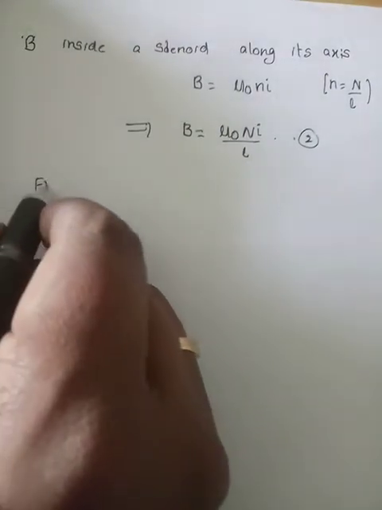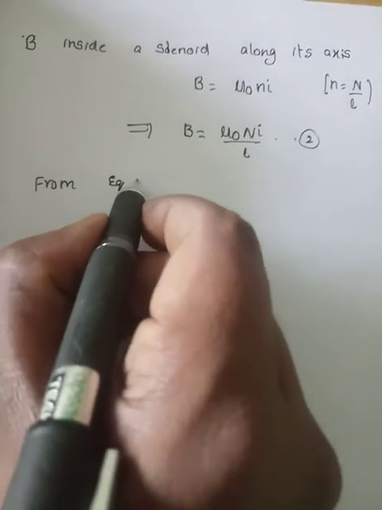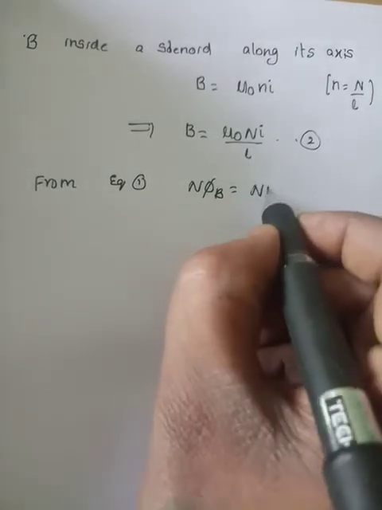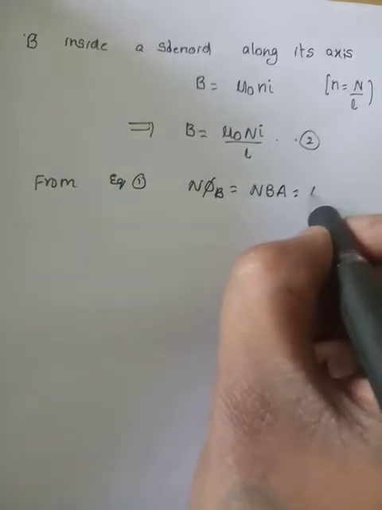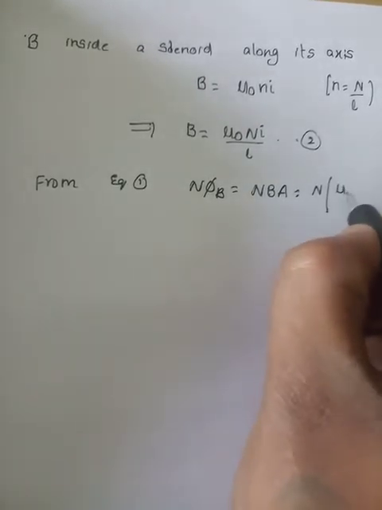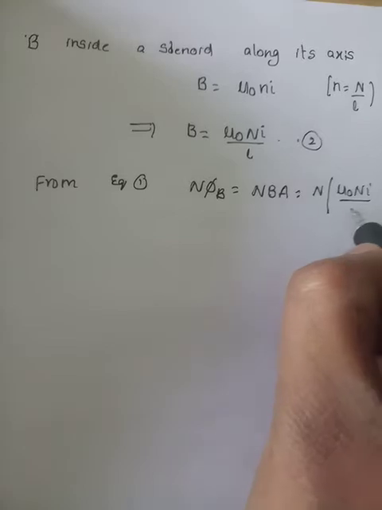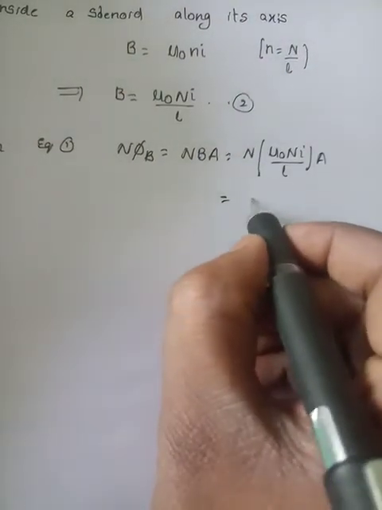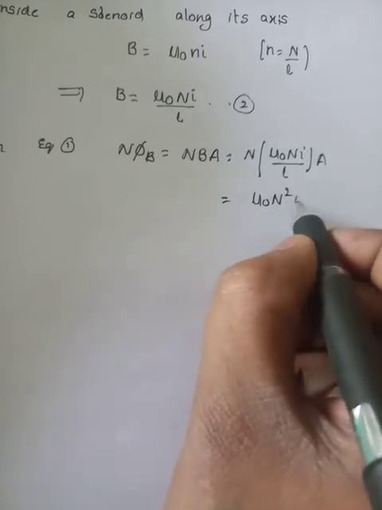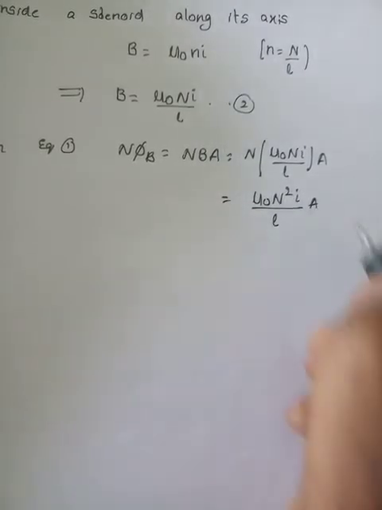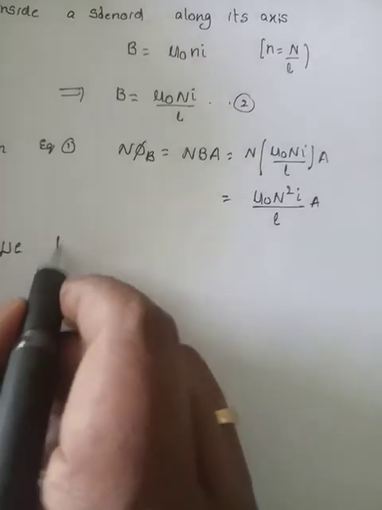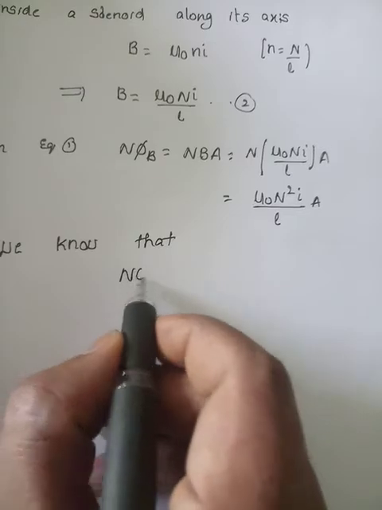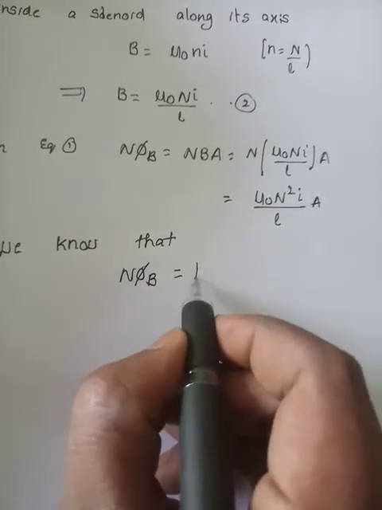So, from equation 1, N phi B is N into B into A. What is B? Mu naught N i by L. So, that equals mu naught N square i by L into A. We know that the magnetic flux linked with the coil, N phi B, equals L into i.